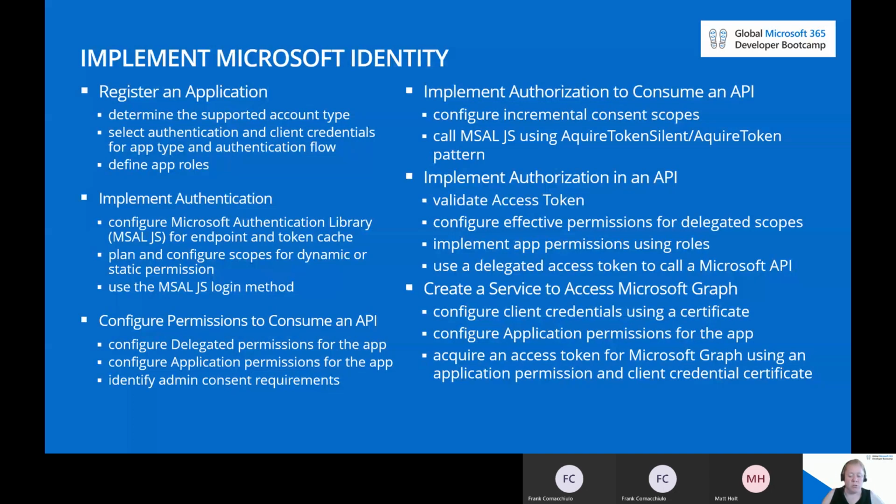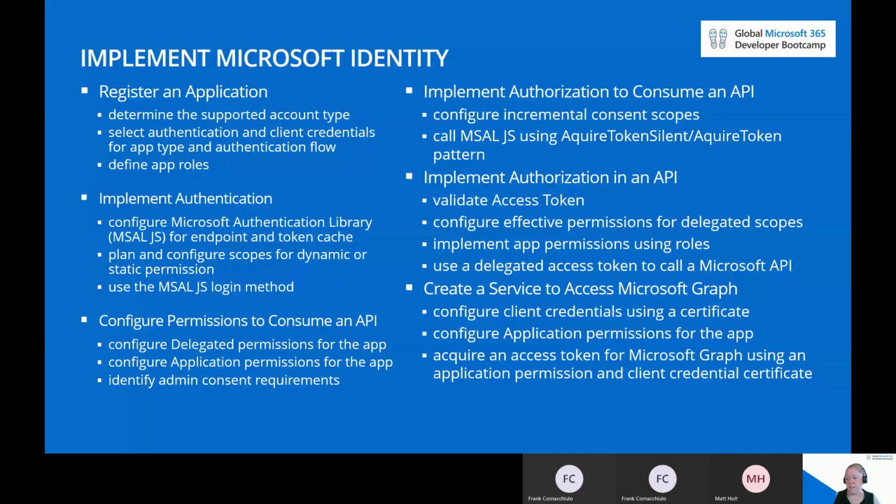So it could be that your code needs to be registered so that other people can consume your code, or it may be that your code needs to access an API, maybe such as the Graph API. So just be very clear on how that whole process works.